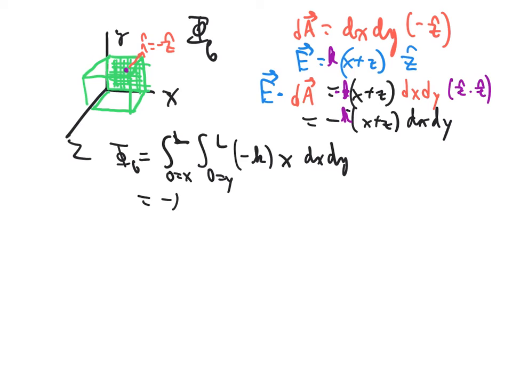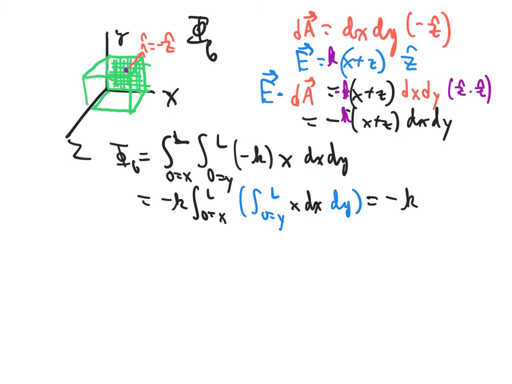So we bring the minus and the constant all the way out front. And then we'll integrate again over y first. It doesn't really matter which. And our function will be x dx dy, and we can bring everything that isn't a y out front, which is everything.